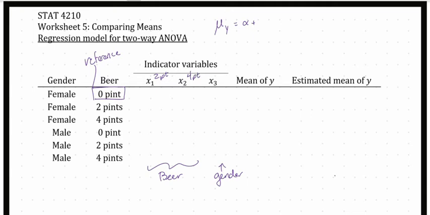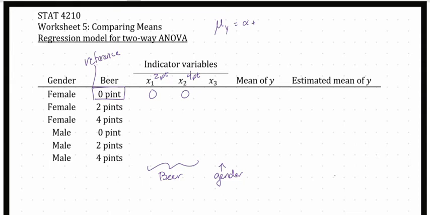So what we need to do now is that for females who have had 0 pints of beer, what is going to be the value for x1? And then what is going to be the value for x2? You're right. For someone who has had 0 pints of beer, because x1 and x2 are indicators for 2 and 4 pints respectively, both of those indicators are going to be 0.